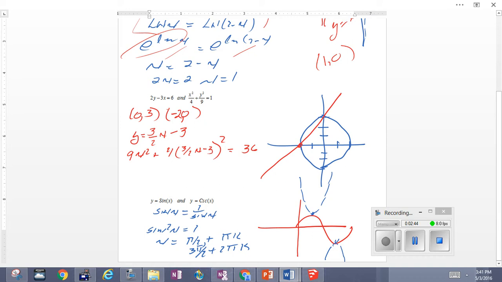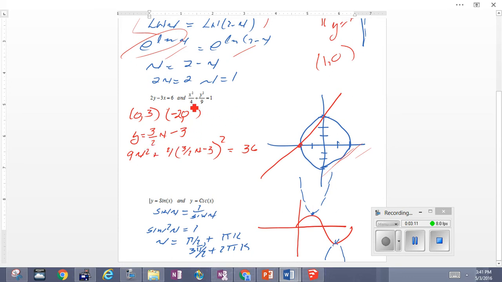And any other line would only intersect an ellipse at most 2 points. It could be tangent somewhere, but it could go through nowhere, intersect nowhere. It could have one intersection or at most two. We've already accounted for those two right there because both are points on the ellipse. Okay, now if you wanted to, I guess you could do a system of equations.